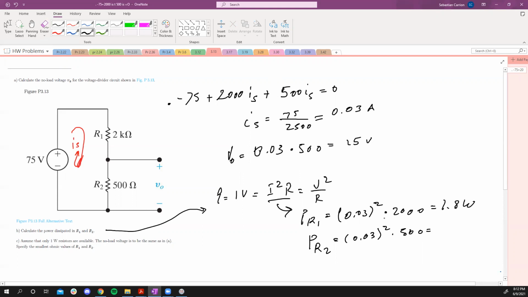And then for the one above, it would be 0.45 watts.